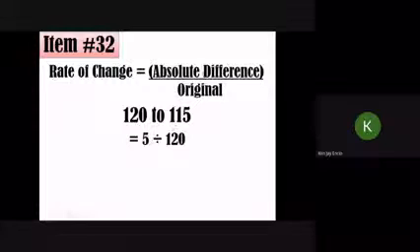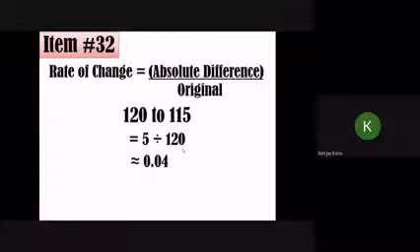Your absolute difference is 5 because 120 pesos minus 115 is 5, and the absolute value of 5 is 5, divided by the original, which is 120. Using your calculators, you will arrive at approximately 0.04.